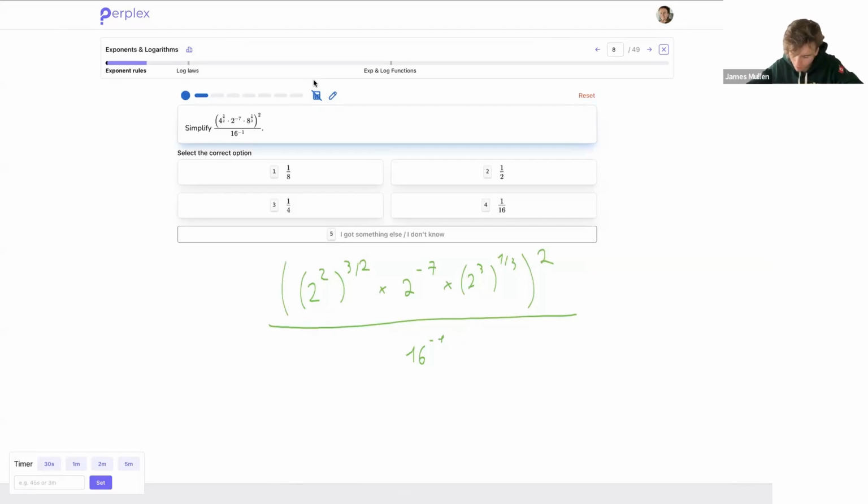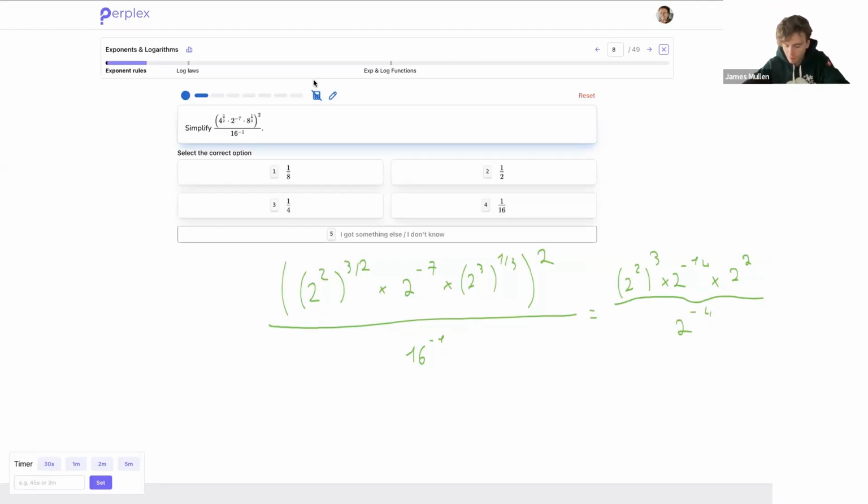Okay, I can rewrite that as, I'm going to distribute the 2's into the exponent, so 2 to the 2 to the 3 times 2 to the minus 14 times 2, and then 2 to the 3 to the 1/3. This is just going to be 2, and then I'm going to put that to the power 2. And that's all over 2 to the power of minus 4, because 16 is 2 to the 4, and it's being raised to the minus 1.